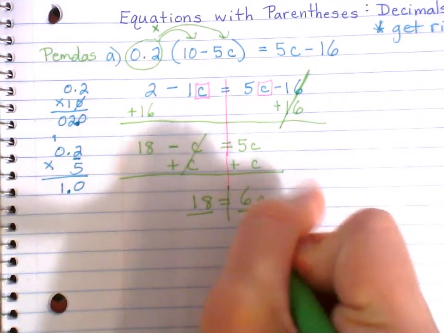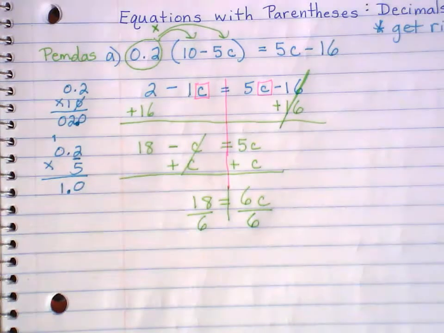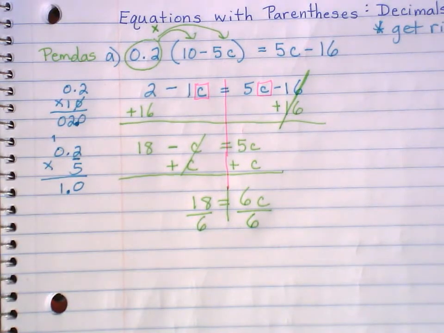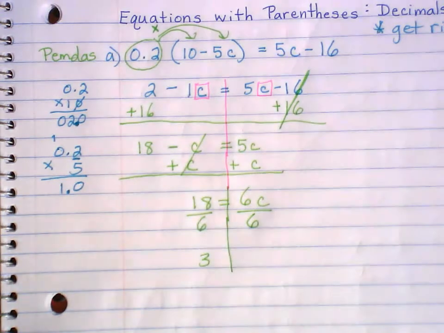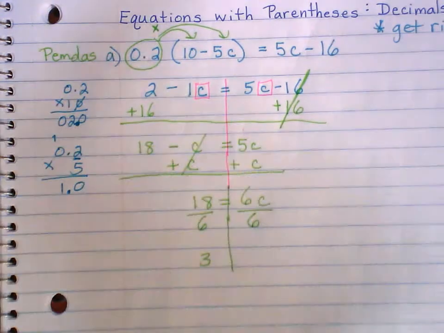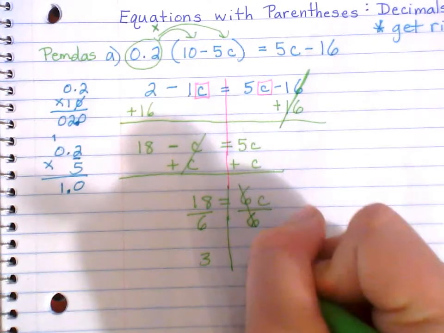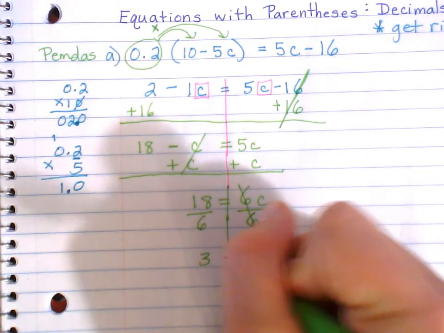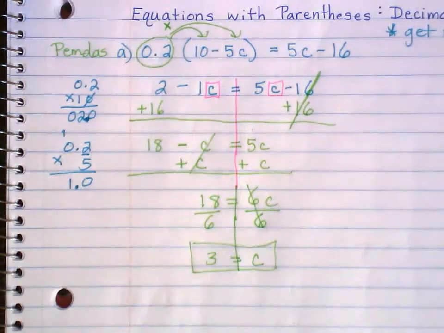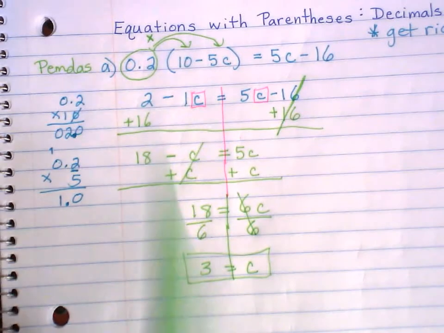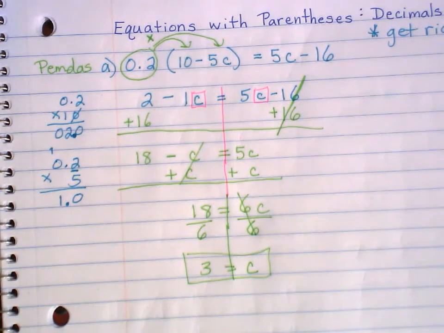Dividing by the coefficient, 6. 18 divided by 6 is 3. 6 divided by 6, well, any number divided by itself is 1. So we're left with 1c. We're lazy, we don't write the 1. So c equals 3. You can always check by plugging it back into the original equation and solving it.